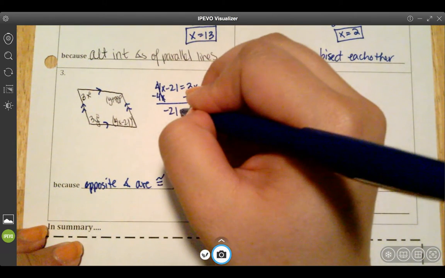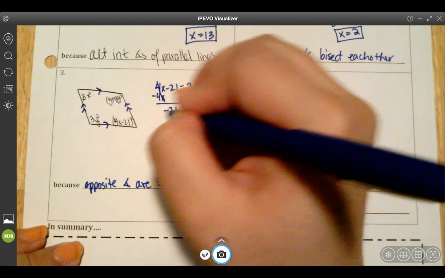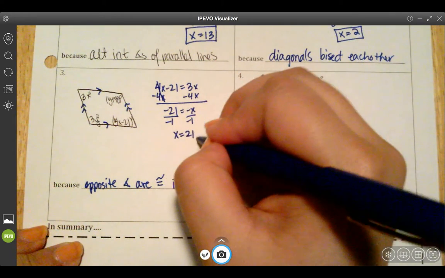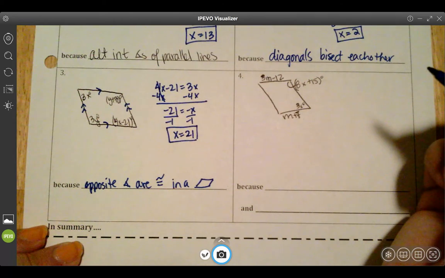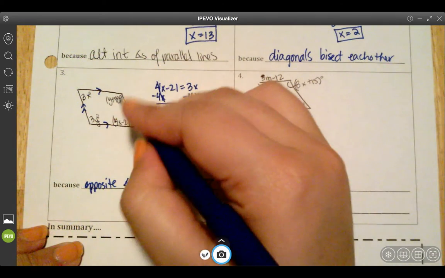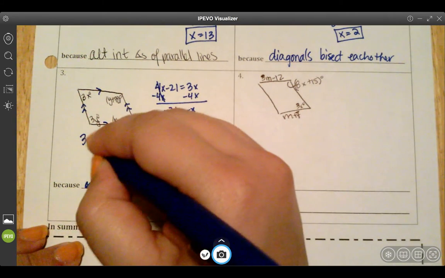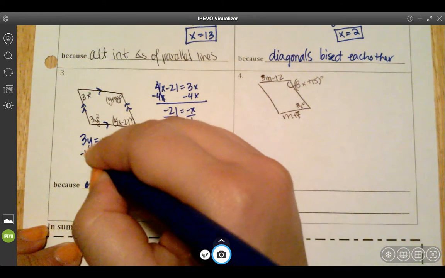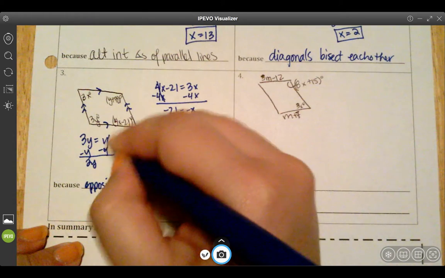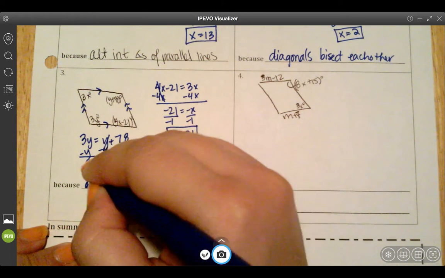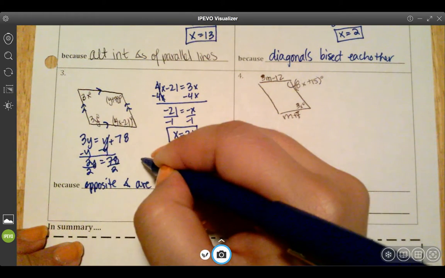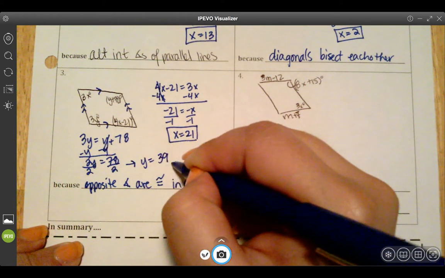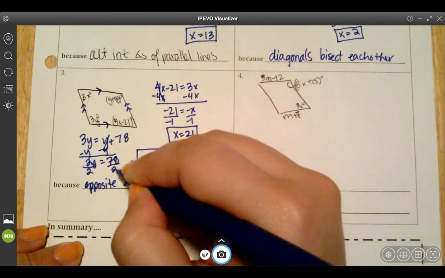Negative 21 equals negative x. Divide both sides by negative 1. x equals 21. For our second pair of opposite angles, we have that 3y equals y plus 78 minus y, 2y equals 78. Divide by 2, y equals 39.